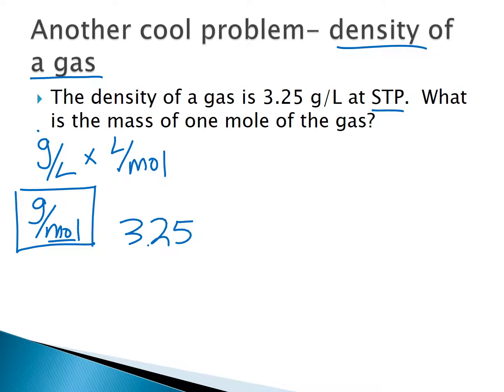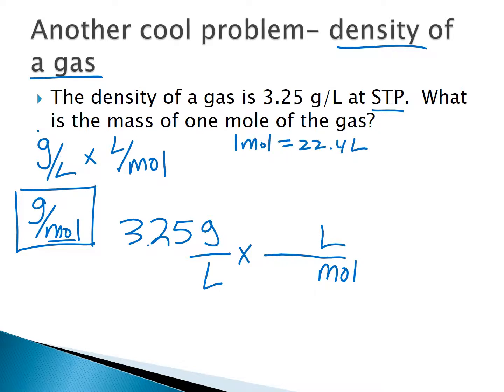So I'm starting with 3.25 grams per liter. Again, I'm going to multiply that by a quantity that has liters in the numerator and moles in the bottom. Now we do have our conversion factor that says 1 mole of any gas is equal to 22.4 liters. So if we put 22.4 up here and 1 down there, liters will cancel. It'll leave us with a unit of grams per mole.